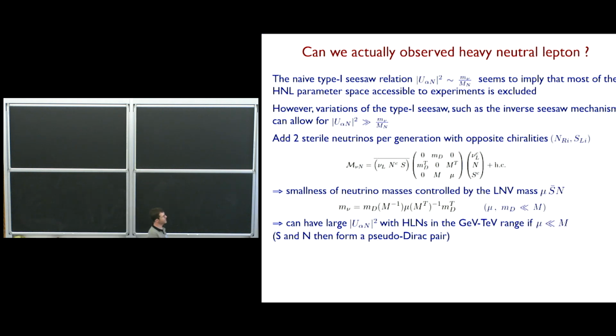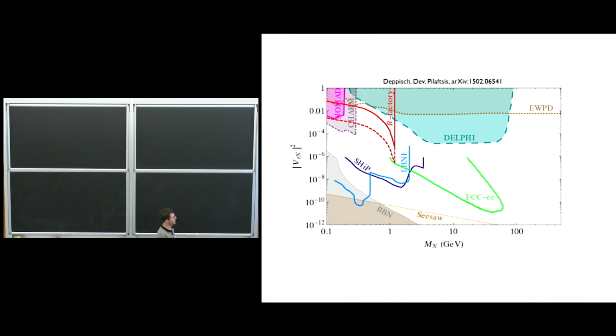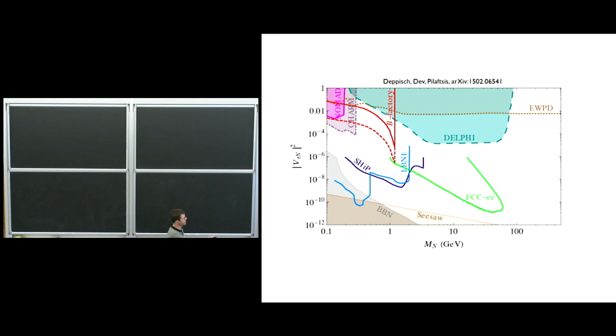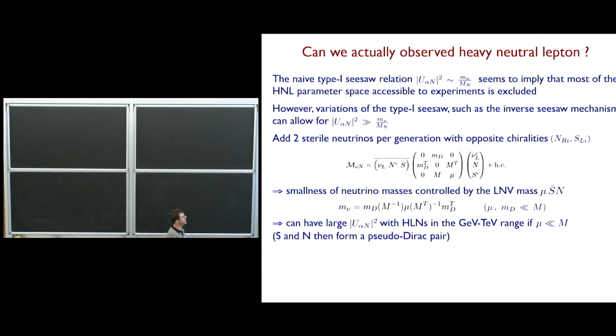And in fact, this constraint tells you that if you are above this seesaw line, basically the value of the mixing angle is such that the standard neutrino masses would be much higher than what they actually are, because you violate this bound. So everything that is above this line corresponds to U_αN squared much larger than this ratio. So it seems that the parameter space that is accessible to experiment is excluded by neutrino masses.